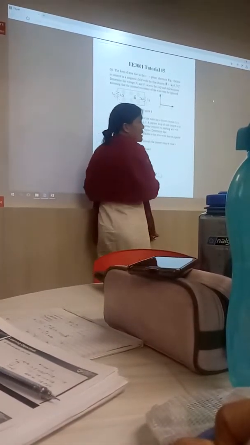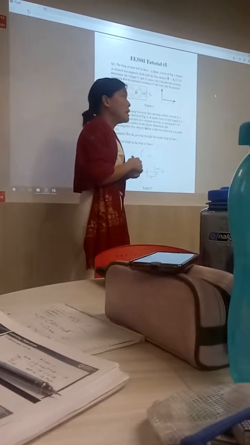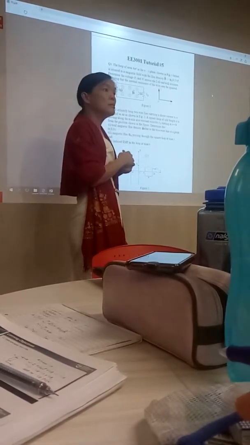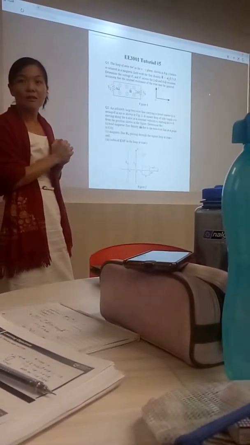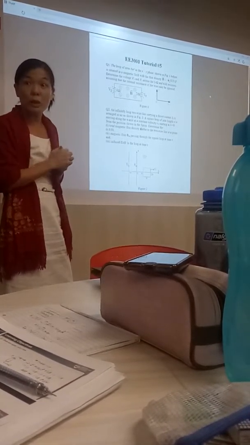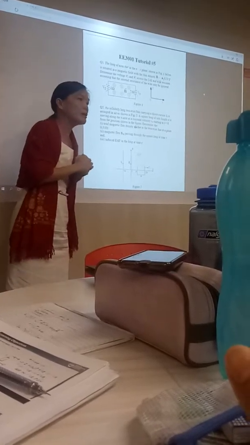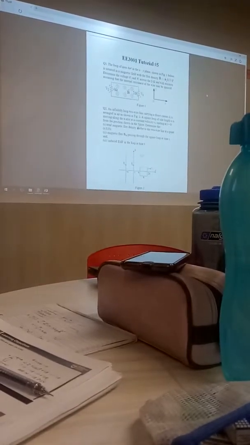So, the magnetic flux density points in the negative AZ direction, and as time increases, it's going to change. Increase or decrease? It should be increasing, increasing into the board. So if it increases into the board, do you expect your current to be flowing clockwise or counterclockwise based on Lenz's law?